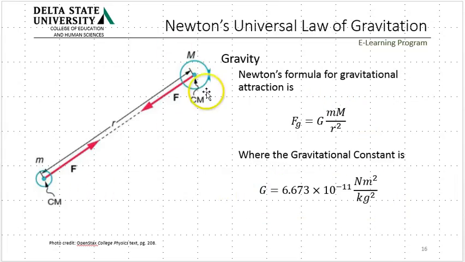Well, if you think about a ball, it's pretty straightforward. The center of mass of a sphere is at its middle. We're not going to get into the calculus of calculating the center of mass for other shapes. We're just going to often say the middle of an object that's uniform in some way is its center of mass.